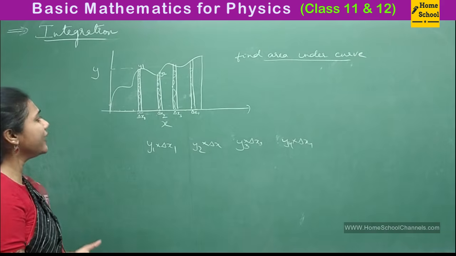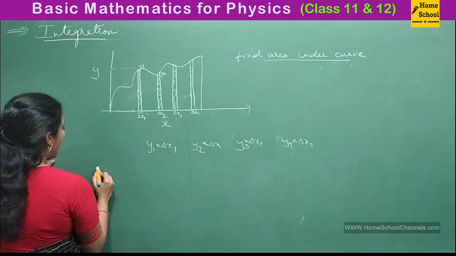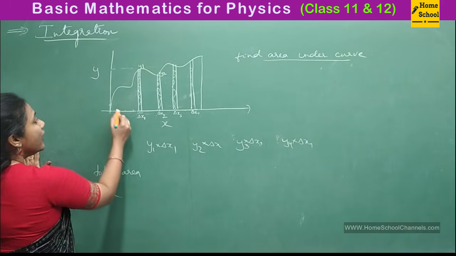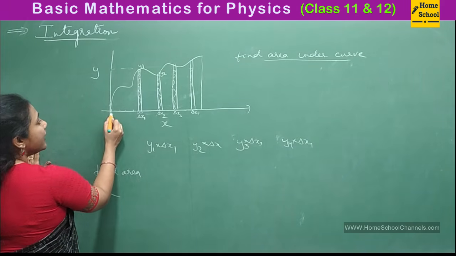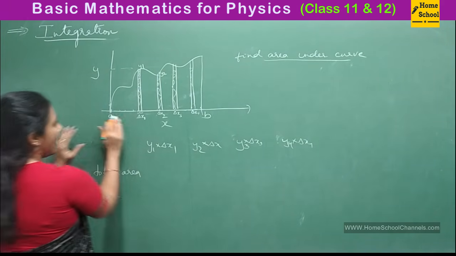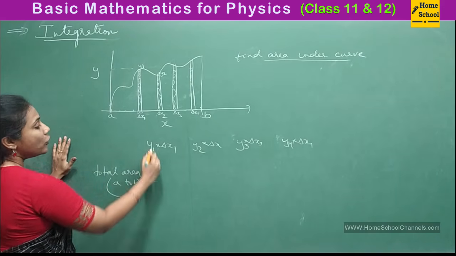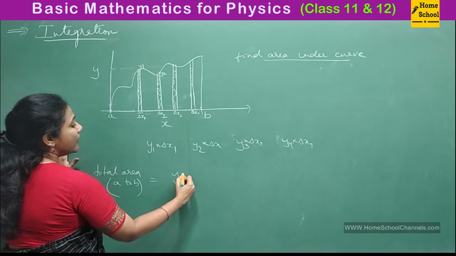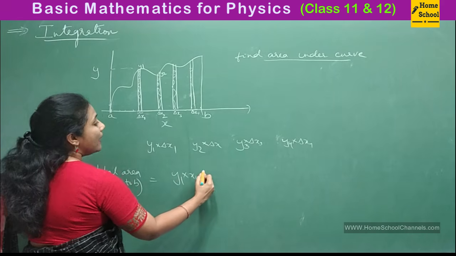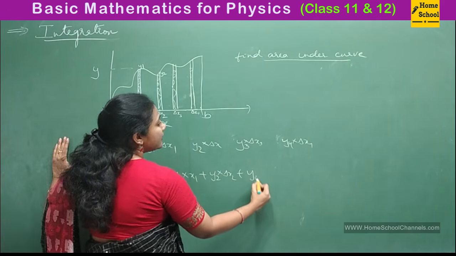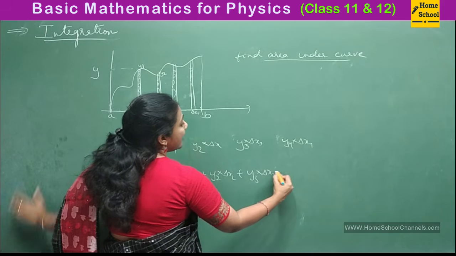And later, if I want the total area from A to B, what I'll do, I can join these things, y1 into delta x1 plus y2 into delta x2 plus y3 into delta x3.